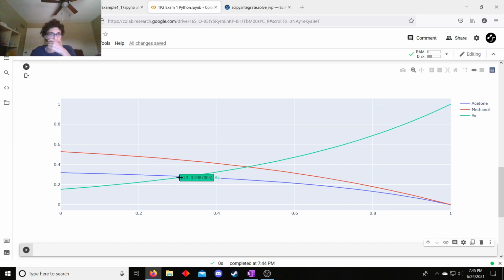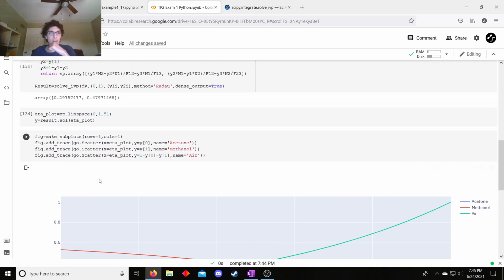And here's our plot. So we have air in the green, which starts down here and goes up to 1. And we have acetone and methanol, which go down to 0. Now this is between 0 and 1, because we scaled our problem to be between 0 and 1. So on our x-axis here, this is actually eta. Now I'm going to change this to z.